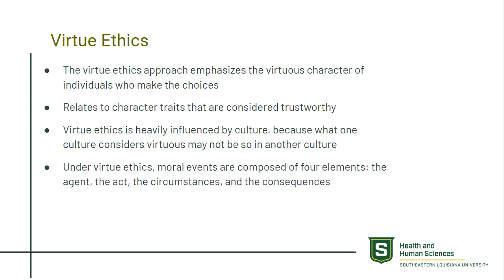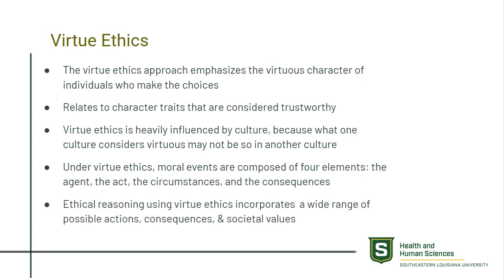Under virtue ethics, moral events are composed of four elements. We're looking at the agent, which is the person making the choices, the action itself, the circumstances surrounding the action, as well as the consequences of whatever decision is going to be made. So, that is how virtue ethics considers decision making.